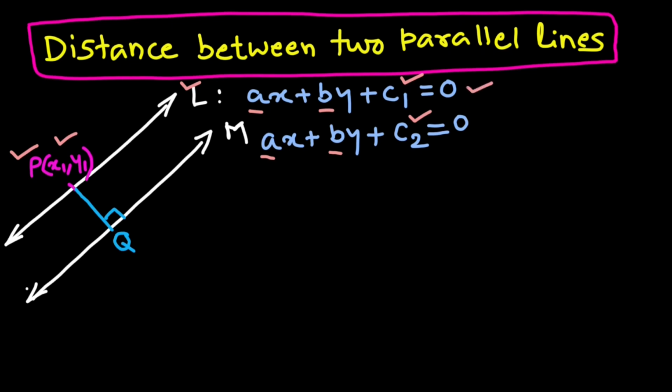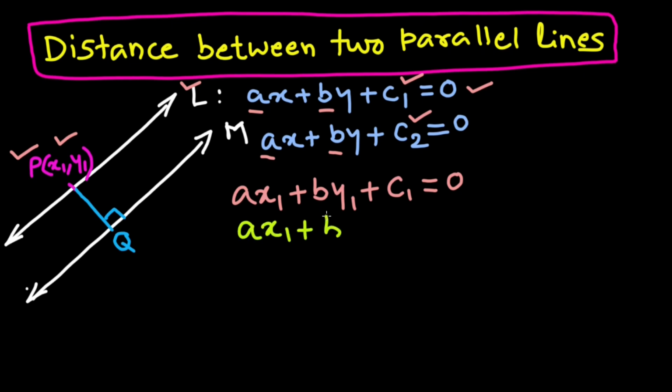So we will substitute the values of x1, y1. We get a x1 plus b y1 plus c1 equals 0. That gives us a x1 plus b y1 equals minus c1.